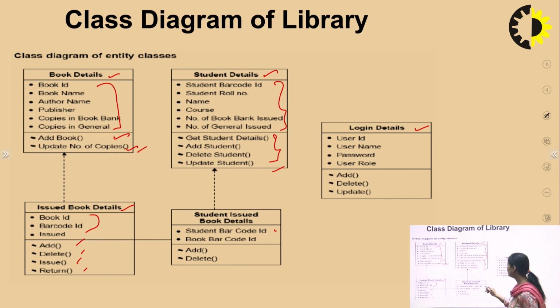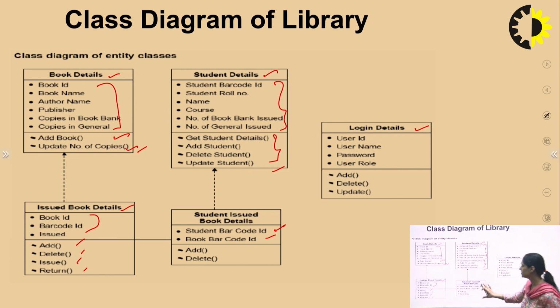We can only have the student barcode ID and the book barcode ID, because with the help of the student ID and the barcode ID of the book, we can easily identify which book is to be issued to which student. And when you inherit, all these things will automatically come here.